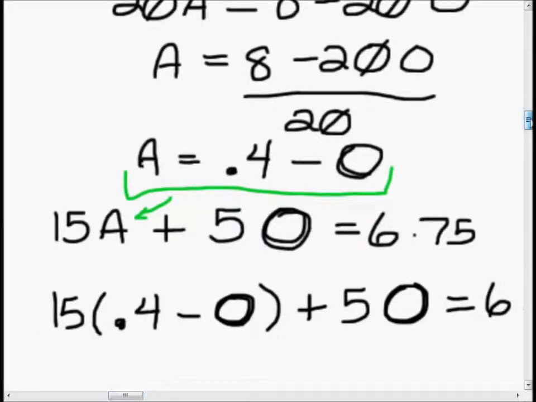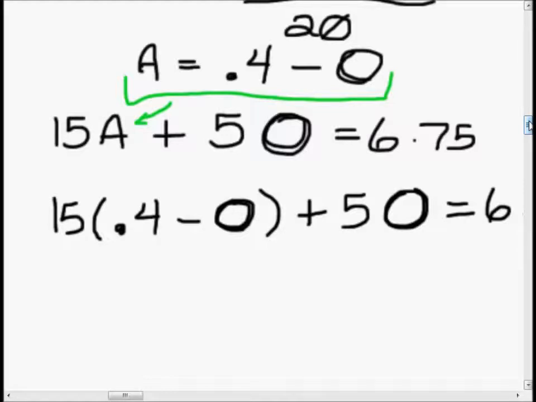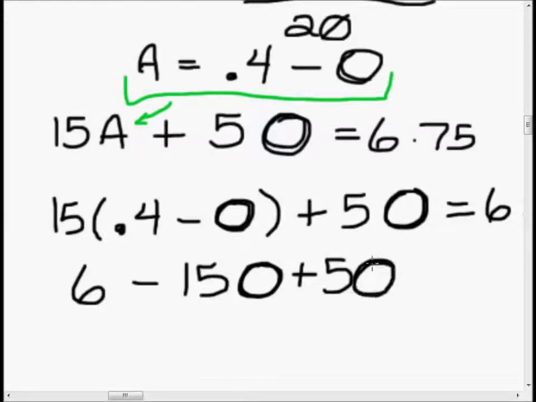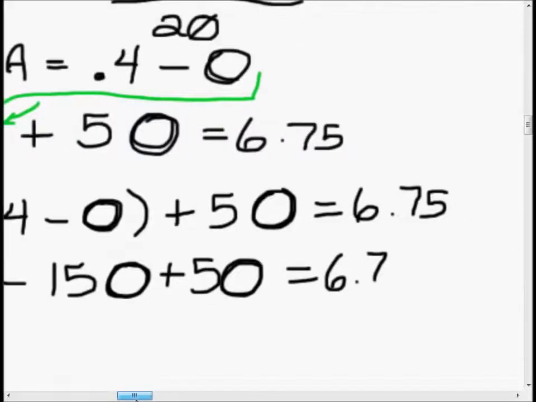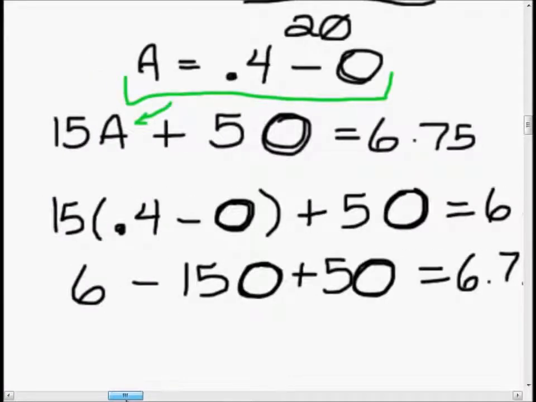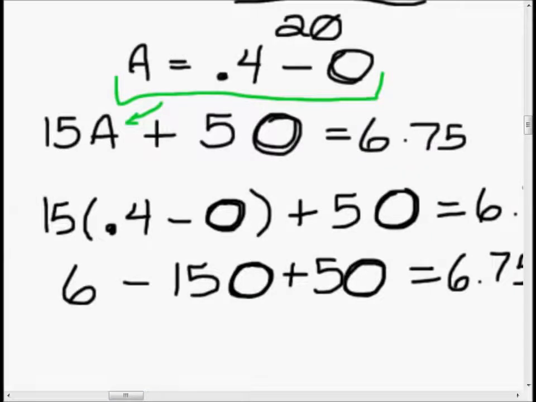And so let's do our multiplication. So 15 times 0.4 is 6, minus 15 oranges plus 5 oranges equals 675. Well, okay. So let's see, 6 minus 10 oranges, right?